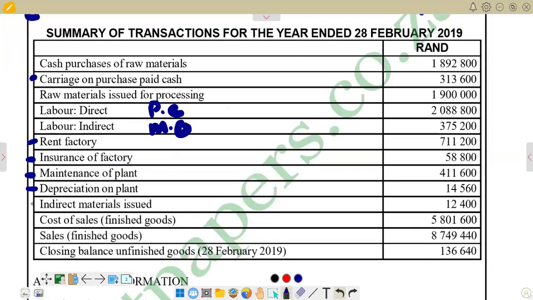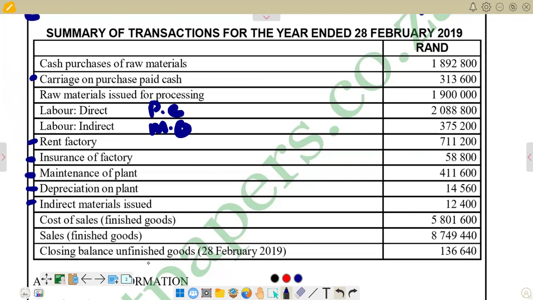After indirect materials, we've got cost of sales of finished goods, which is 5,801,600. As well, we try to find out what double entry is involved. These are cost of sales of finished goods, so we are going to credit our finished goods control account 5,801,600, and then we debit our cost of sales, same figure.